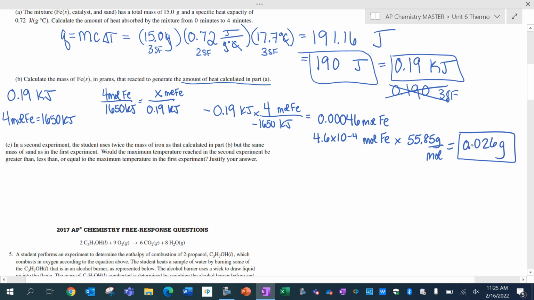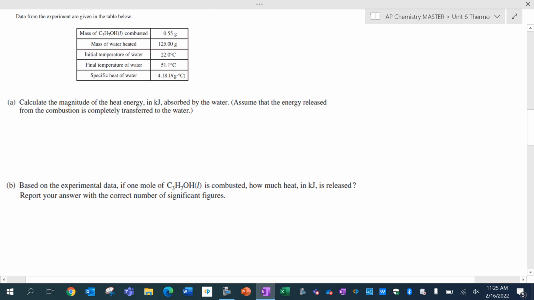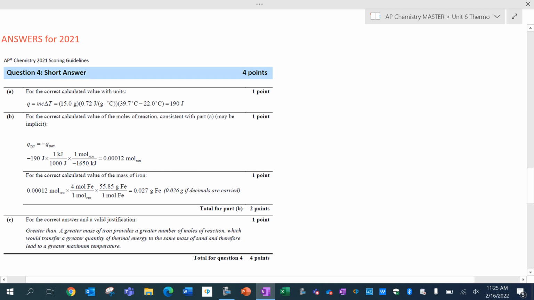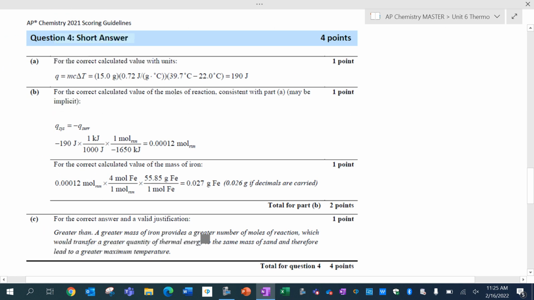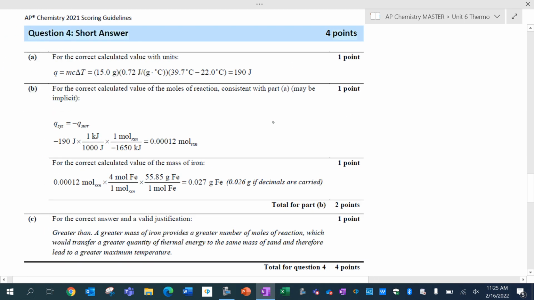Just so you know, if you look at the scoring guidelines, they did a little bit of a different approach, which is the same general idea. So let me scroll down here and show you what the scoring guidelines look like. What they did is they said, okay, you want to make 0.19 kilojoules of energy, and they took that delta H reaction value and said that's 1650 kilojoules per mole reaction.